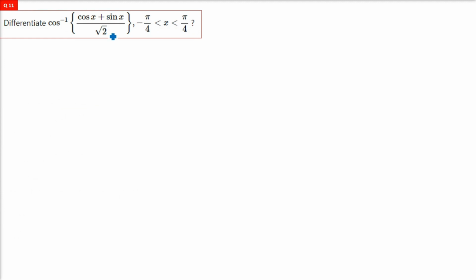Same thing here, exactly the same thing. So you have to write cos inverse, and this is cos x and sin x, and whichever formula you know, but that formula should be cos of something, because ultimately you have to cancel this cos inverse and cos.